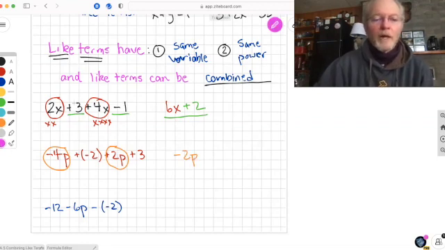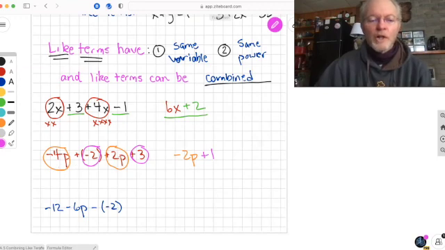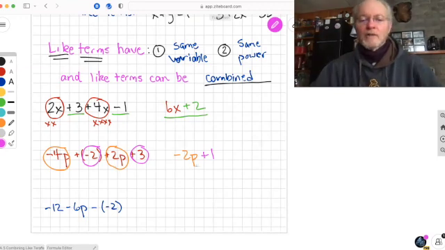In a similar way as the last example, then we have some constants. We have a -2 plus 3. -2 plus 3 is 1. So again, we've had a 4-term expression that got simplified by combining the like terms into a 2-term expression.